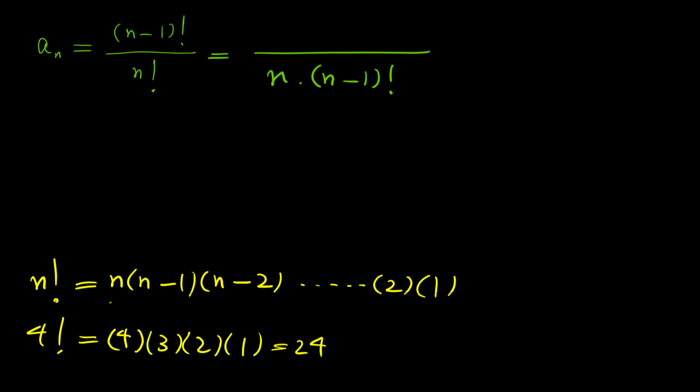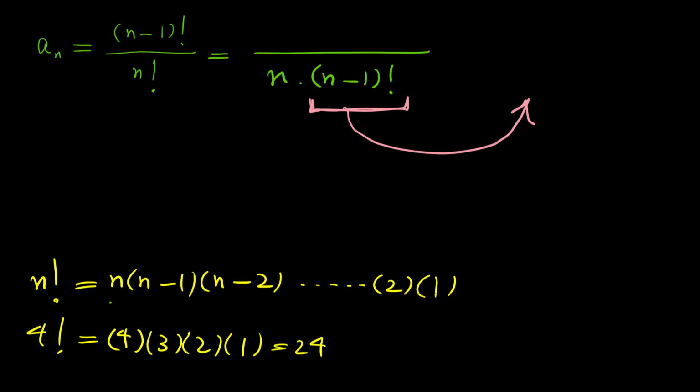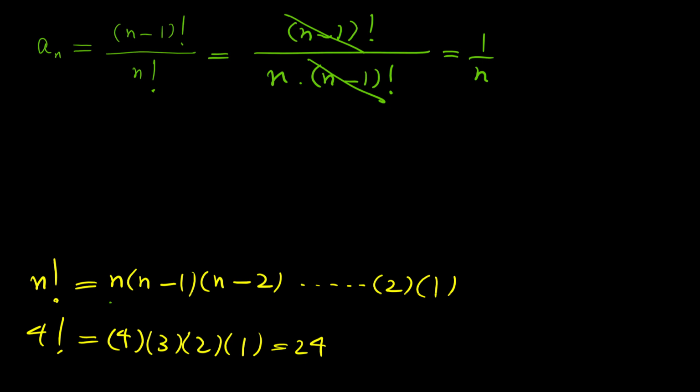And if you wonder why it's a good idea to stop here and not open all the n factorial in this form, it is because we know that in the numerator we have this expression. Why should I open the n factorial completely in this form? It's better to write it in this way, and then we keep n minus 1 factorial in the numerator. This completely cancels with this and we get 1 over n. This is the better way for doing this.